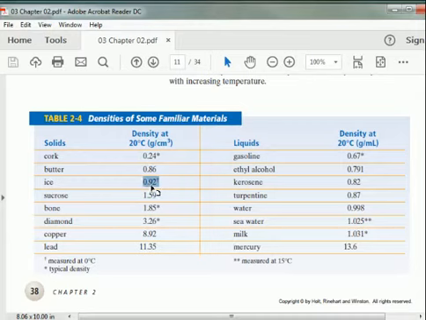right, 0.92 grams per cubic centimeter, as opposed to water, which is just under 1. Now, this is typical water. Supposedly pure water is 1.0. It's kind of the standard, the definition. But typical water is going to be a little bit less than 1, whereas ice is actually a good chunk less than 1, right? 0.998 versus 0.92.